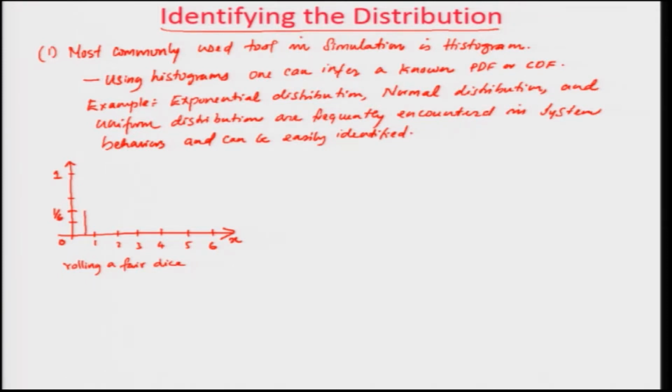For each case you will have a distribution like this. All the cases have exactly the same probability. So you can easily infer the distribution, 0 to a particular value, and here is the p of x.